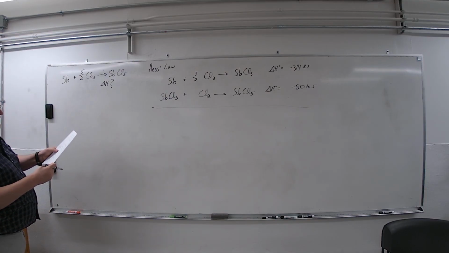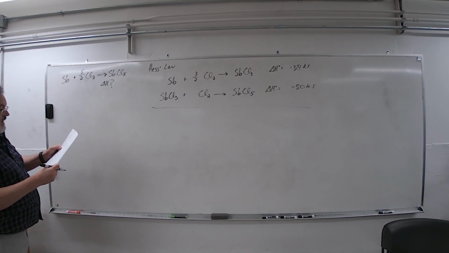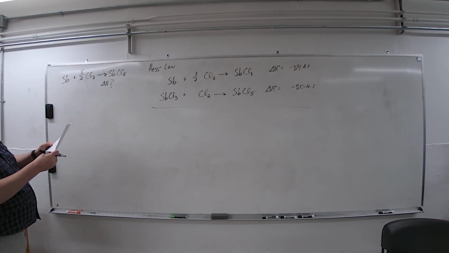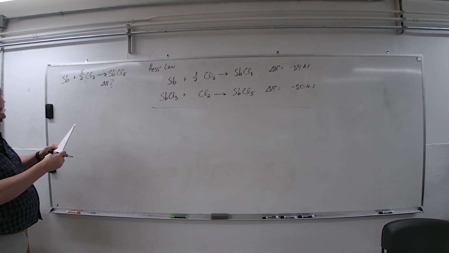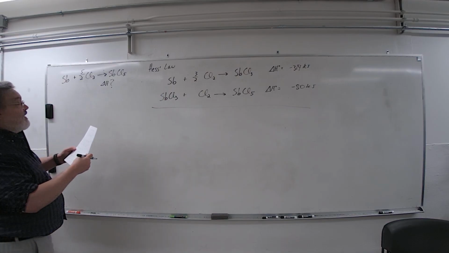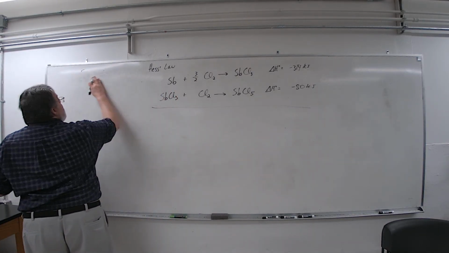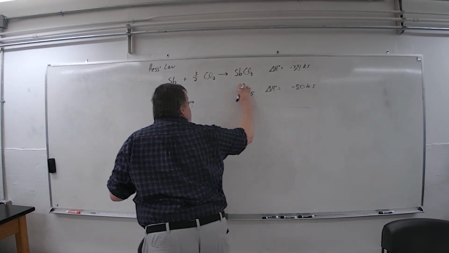Maybe I should come back to that one because I need a better example. This is number 63 at the end of the chapter. Yeah. Let me do number 65.